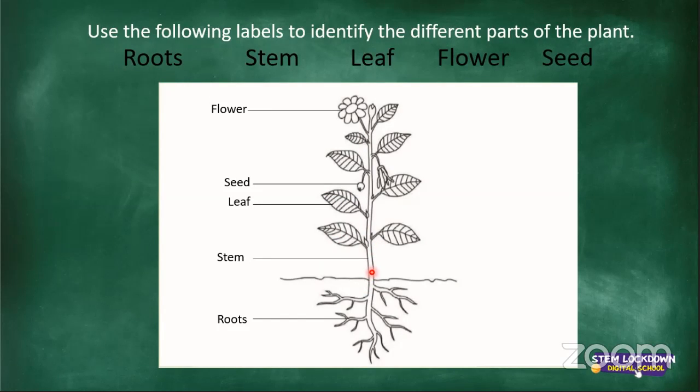The stem supports. Yes, to keep it up is right. In your own words, that's exactly what it means. It keeps the plant up and it supports the plant structure. So it supports the leaves, it supports the flower, it supports the seeds. That's why I said it's like the backbone. Everything grows from the stem.